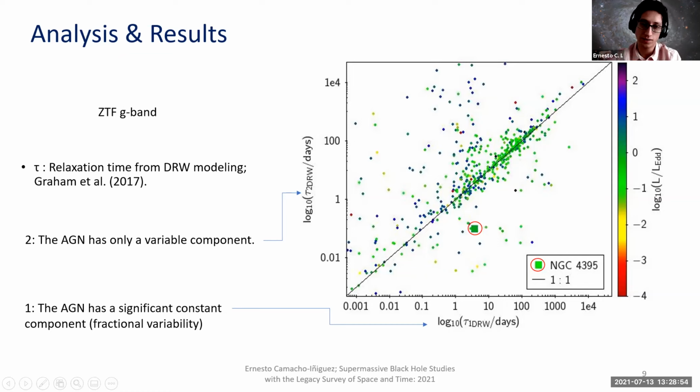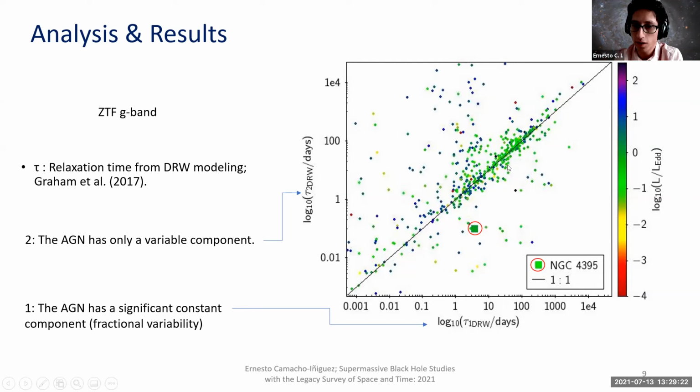So as the AGN has this significant constant component, we are not removing any percentage of the minimum to the light curve. But as you can see, the bulk of the points are concentrated in the one-to-one relation. So what is shown here is that this consideration of subtracting a percentage of the minimum to the light curve does not affect significantly our results.